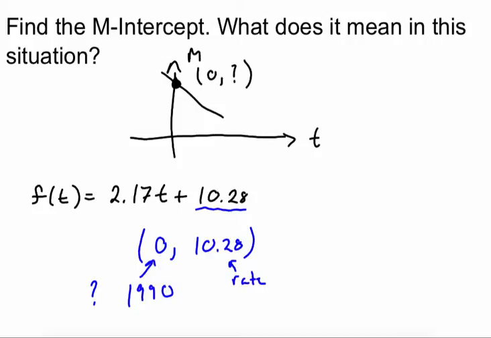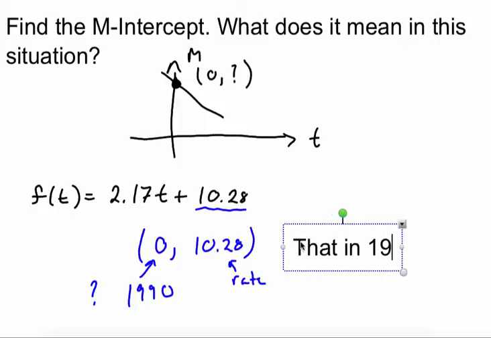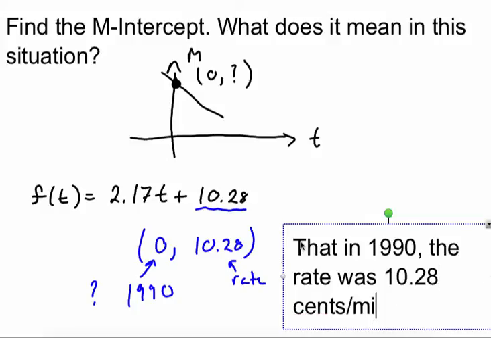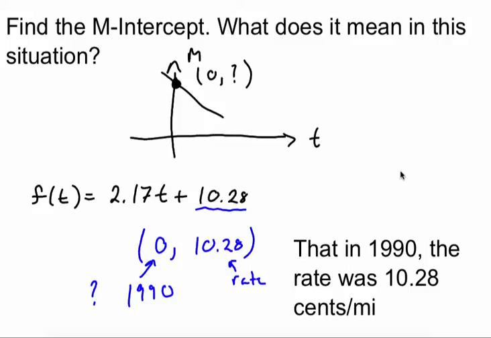What the intercept is telling us, and this is an estimate, is that if this trend has been holding the whole time, in 1990 the rate was 10.28 cents per mile. It's important that you recognize that time 0 represents the year 1990 because it gives you very specific information. So don't say at time 0 the rate was 10.28 cents. Say in the year 1990, because that's actually what time 0 means in this context.